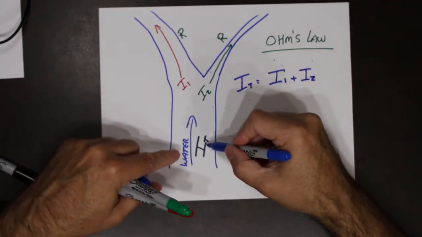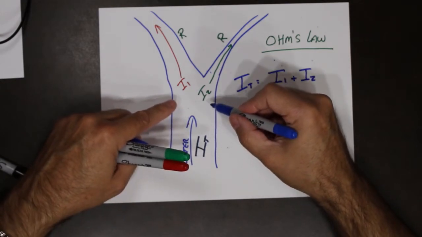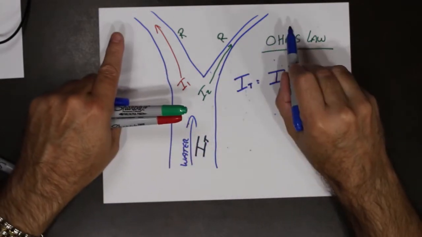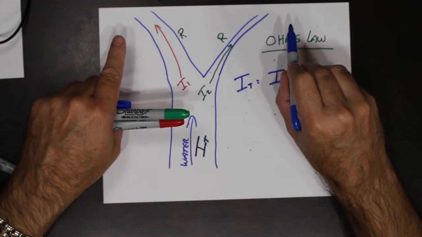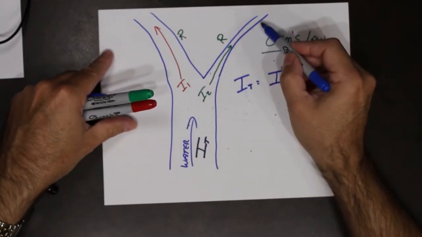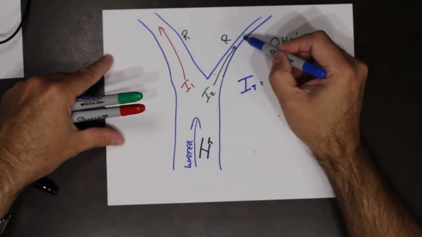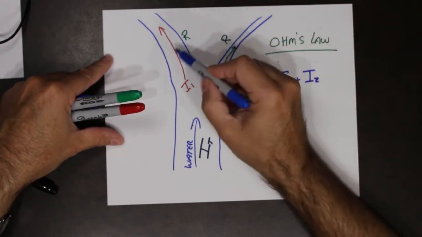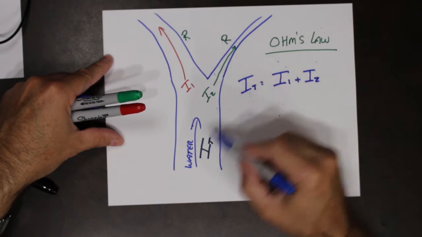So the total current flowing is split. Some of it's going here, some of it's going here. But if you added up the amount of current in this branch and in this branch, they're going to come up to the total.